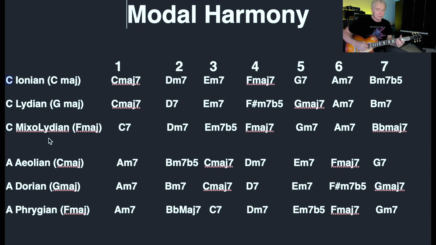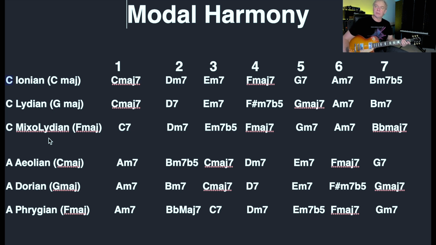Or maybe something like A minor to F major. Or the quintessential classic rock, Stairway to Heaven, A minor, G to F. All right, those are all Aeolian style chord progressions.